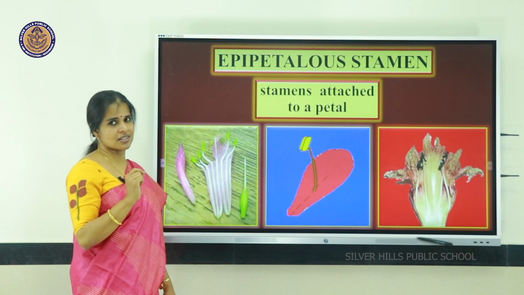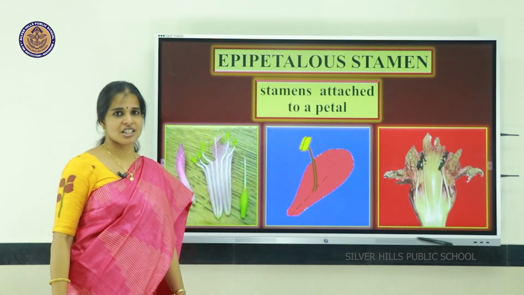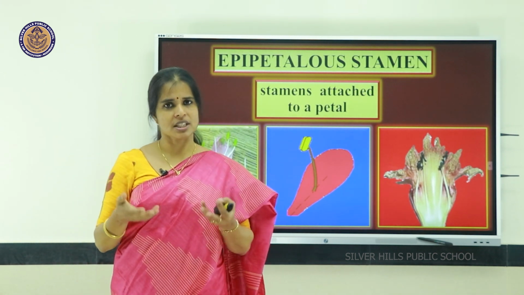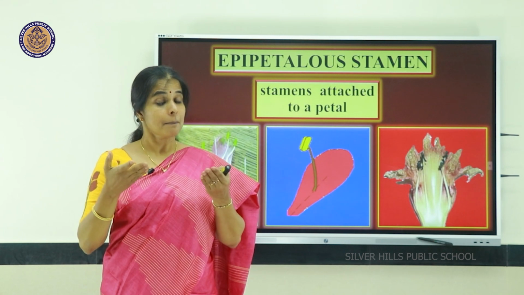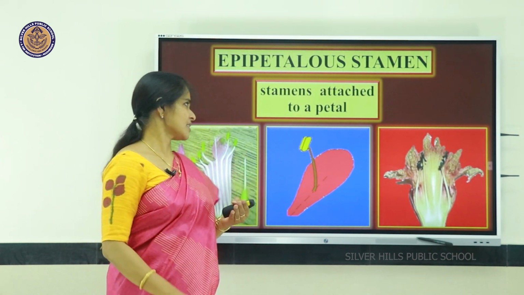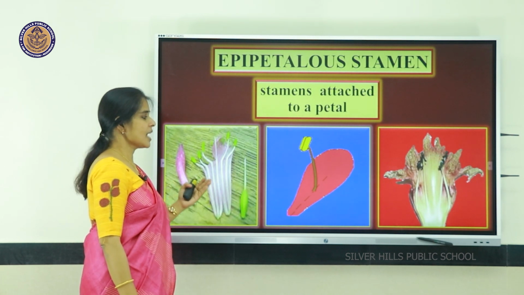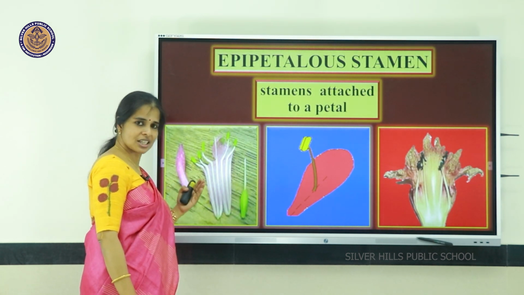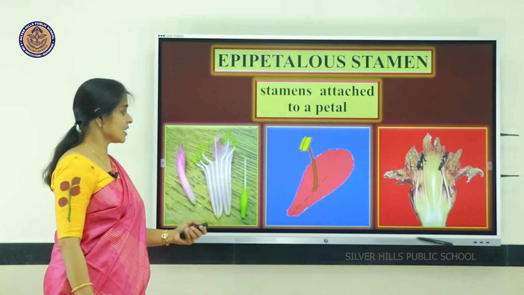Such stamens we call epipetalous stamens. So, normally the stamen originates from the base of the flower, that is from the thalamus. But if the stamens are attached to and originate from a petal, such a stamen we call an epipetalous stamen.